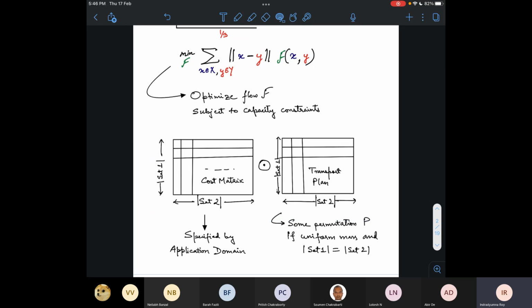Now this cost matrix is usually specified by the application domain. And in the min cost matching setup, in the discrete case, in the uniform mass case with the equal cardinality setup, this ends up being a permutation matrix, which lines up the elements of the red set with the elements of the blue set.